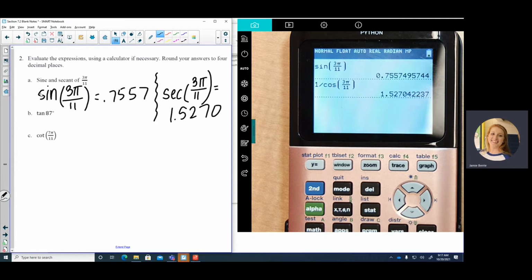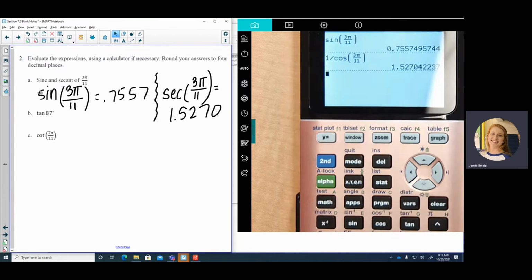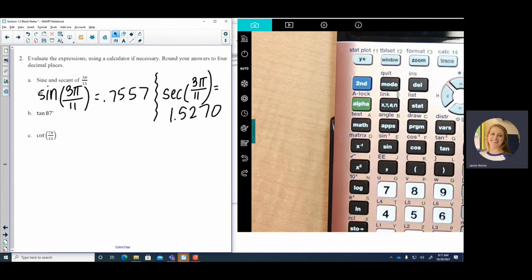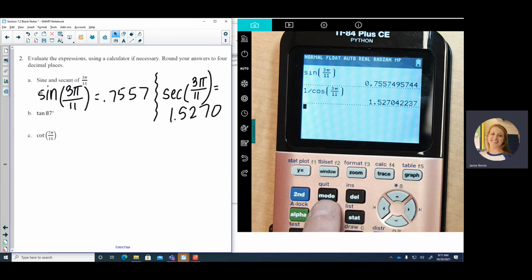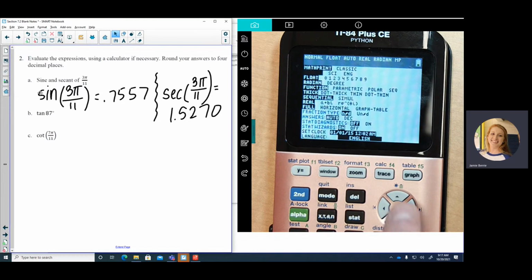All right, next we have tangent of 87 degrees. We have a tangent button on our calculator. Again, it's right here, above the 9. So we'll do tangent of 87 degrees. We need to be in degree mode. So I'm going to go to mode. Change myself over to degrees.